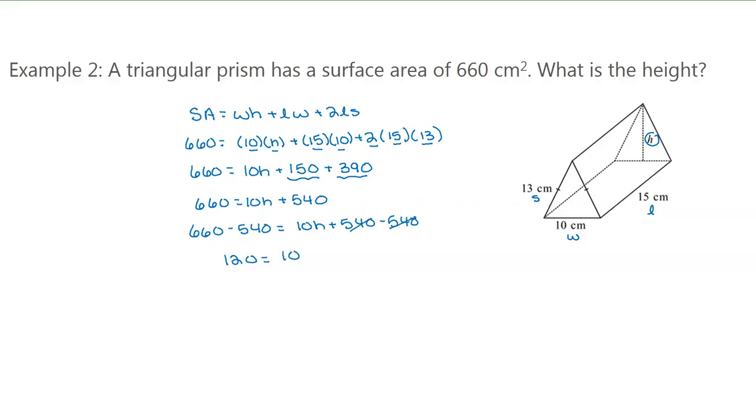And I have 10H. Now I need to divide both sides by 10. On the left it's 12, and on the right we have H. So we can say that the height is 12 centimeters.